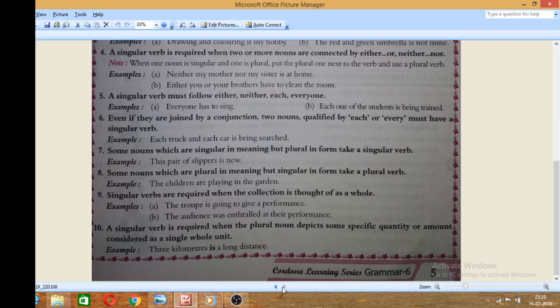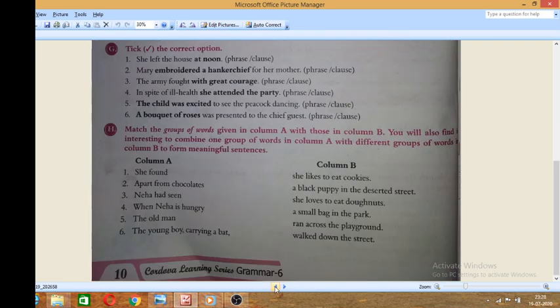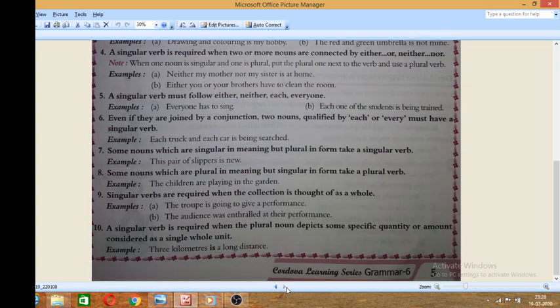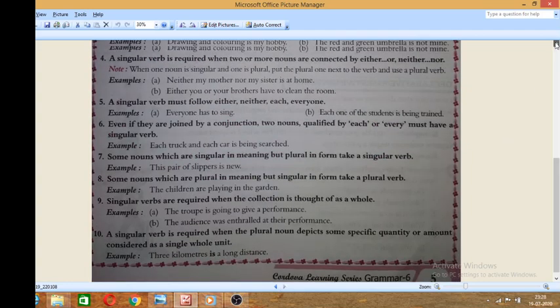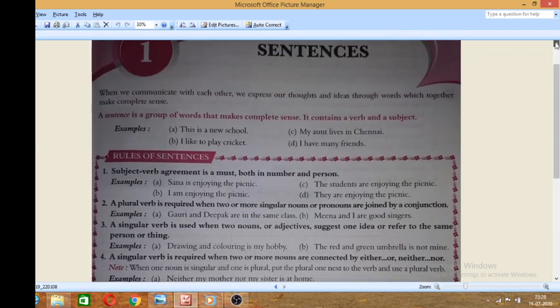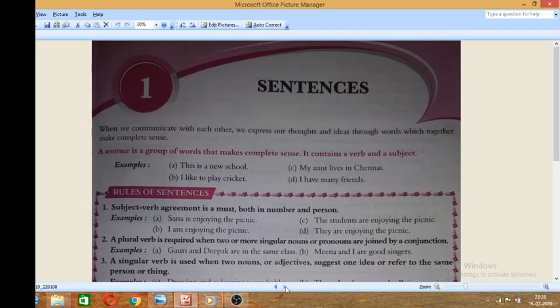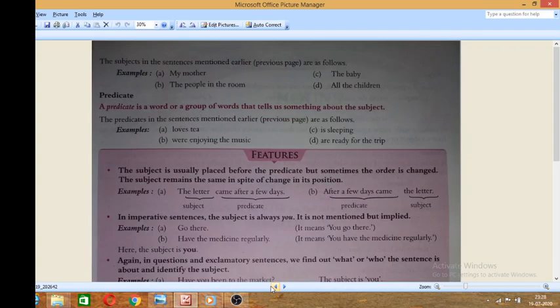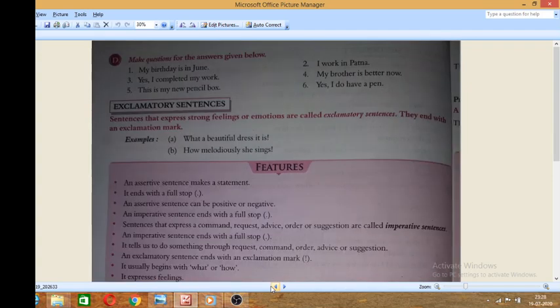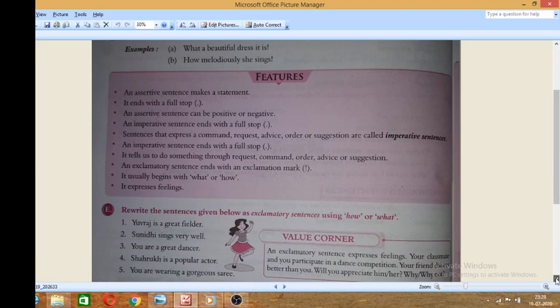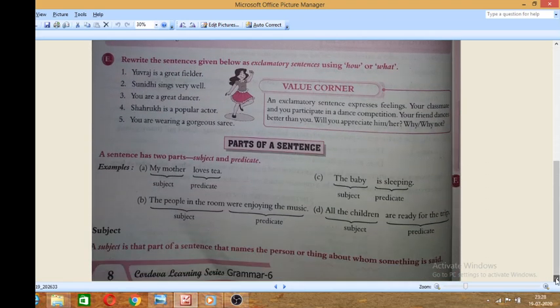Okay, now come to the next page. If we go to the next page, then we will learn the next. I'm just coming to the next page, that is page number 6. Let me come to the next page. This is page number 5. Okay, I have opened the page. This is page number 6.